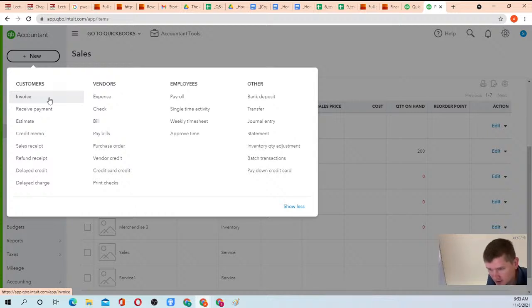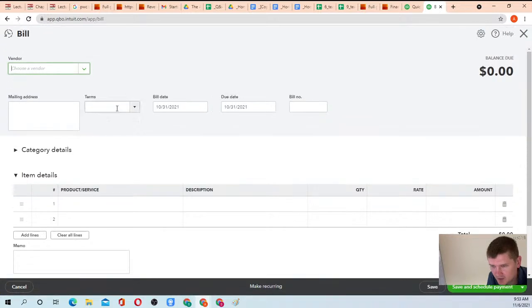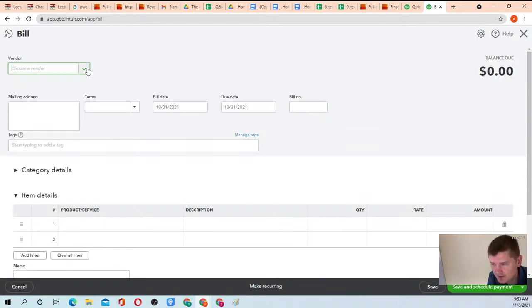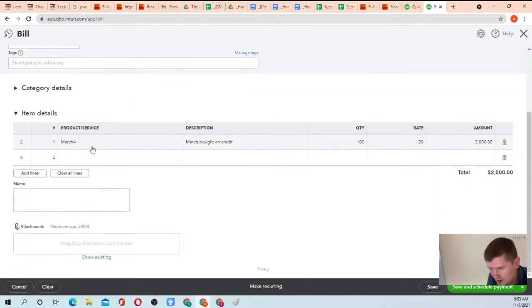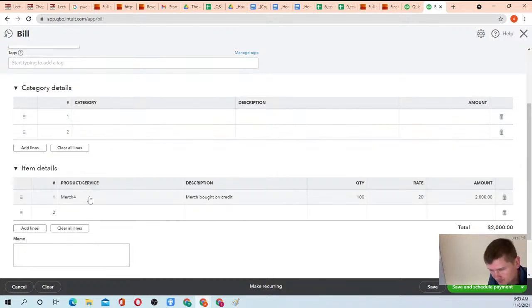Let's see what we've got. So we get a bill from a vendor. So we received some supplies. Vendor 2, terms, whatever. Okay. When we have inventory items established, we need to use item details here.